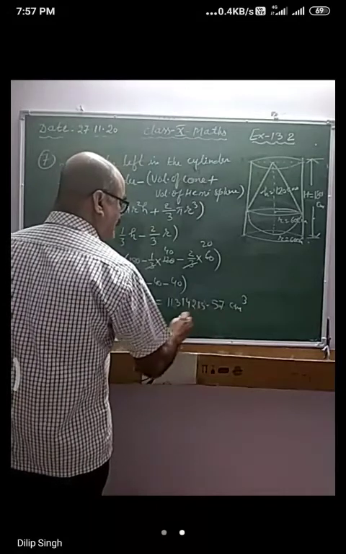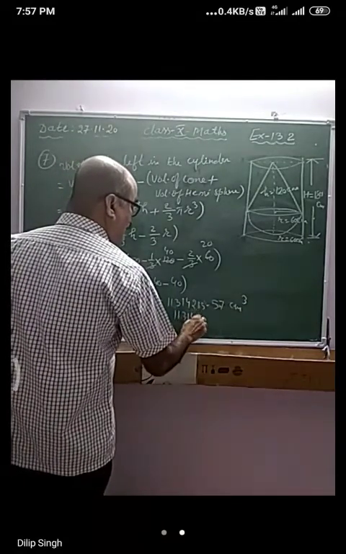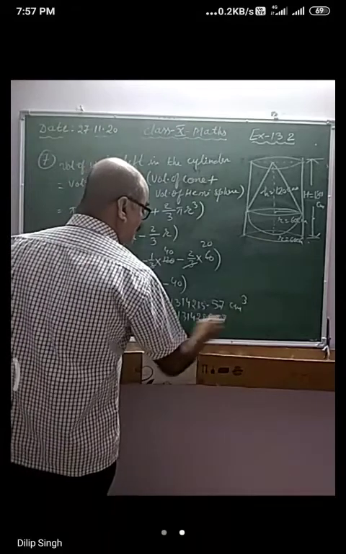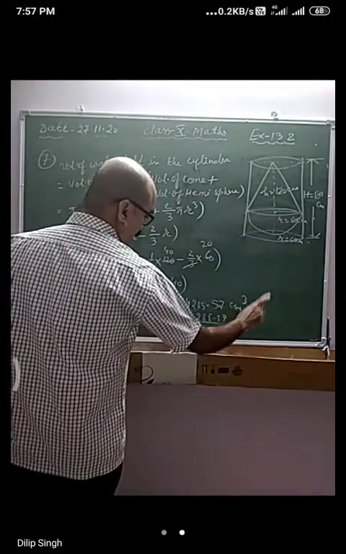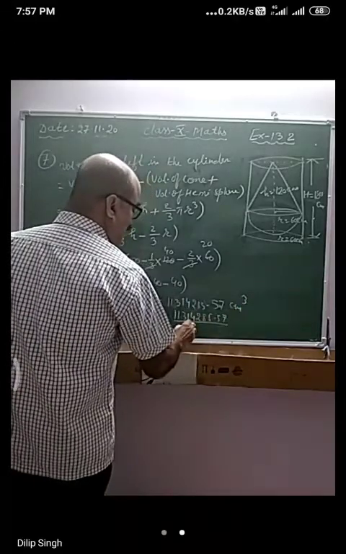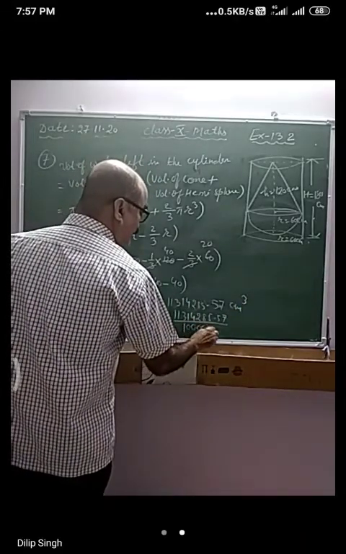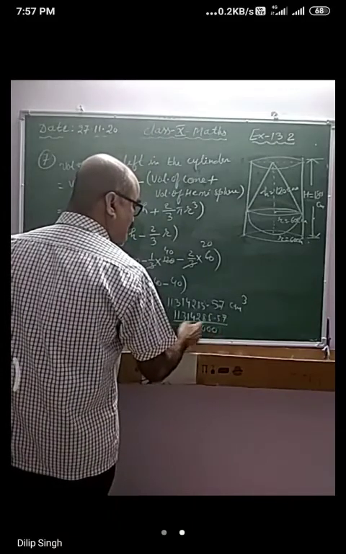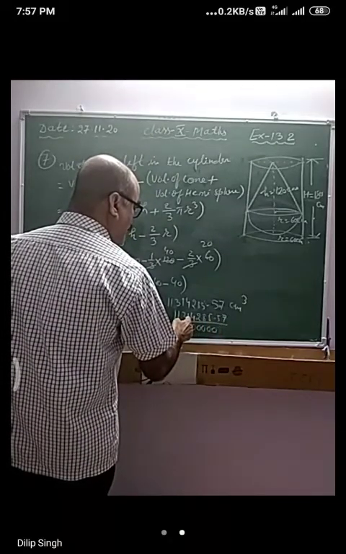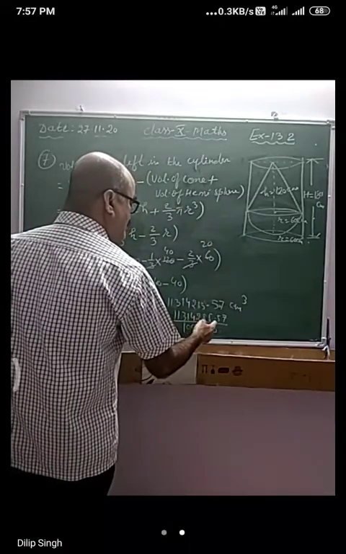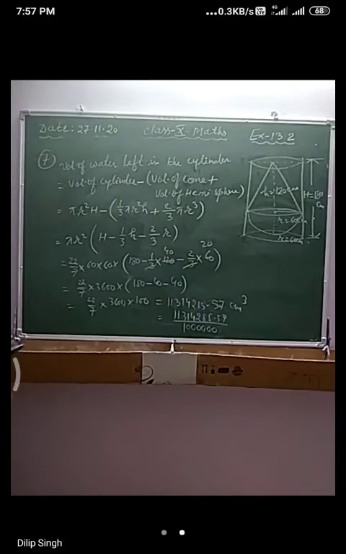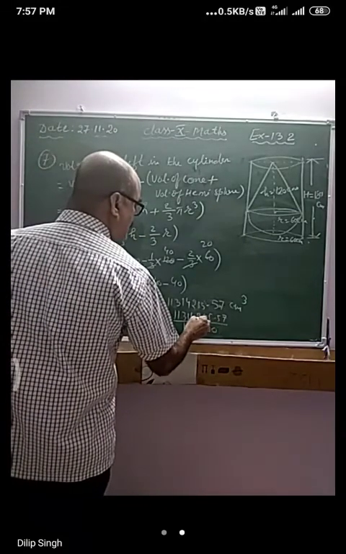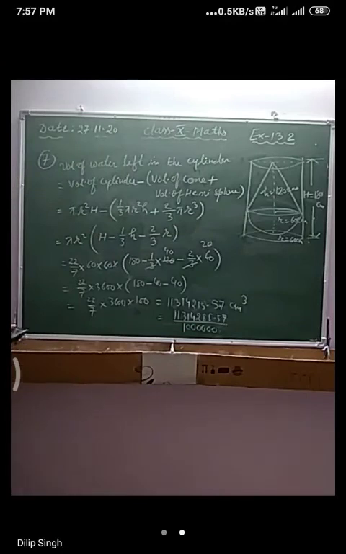To convert into meter cube, you take 11314285.57 and divide by 100 into 100 into 100, since 1 meter is equal to 100 centimeter. After 6 places you put the decimal, so counting 6 places from here, 1, 2, 3, 4, 5, 6.